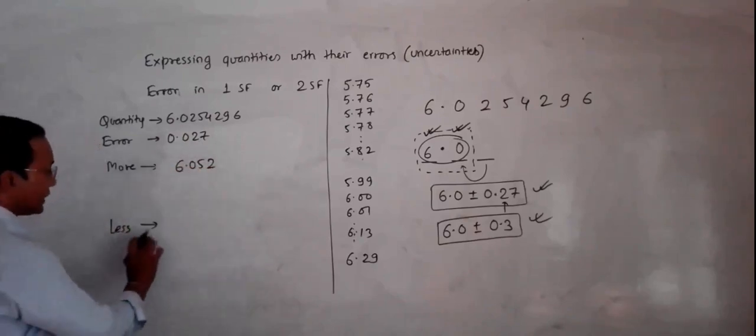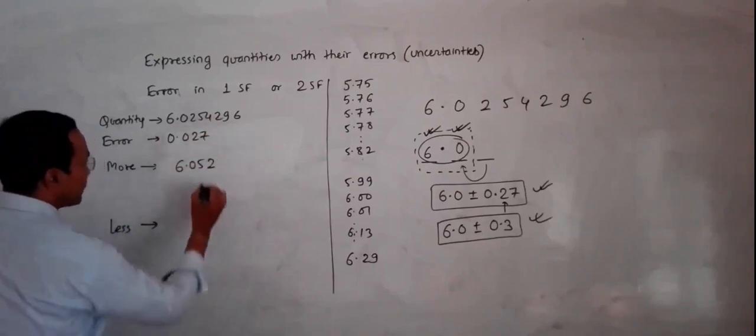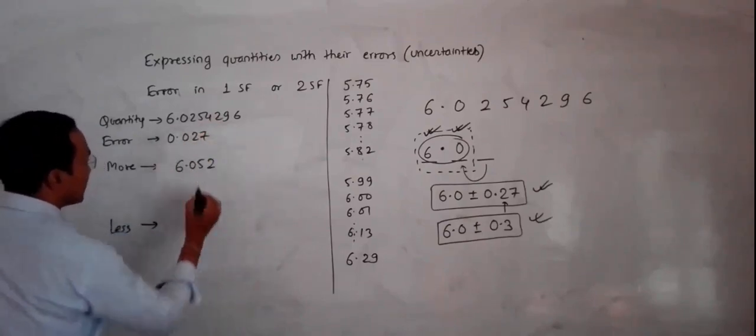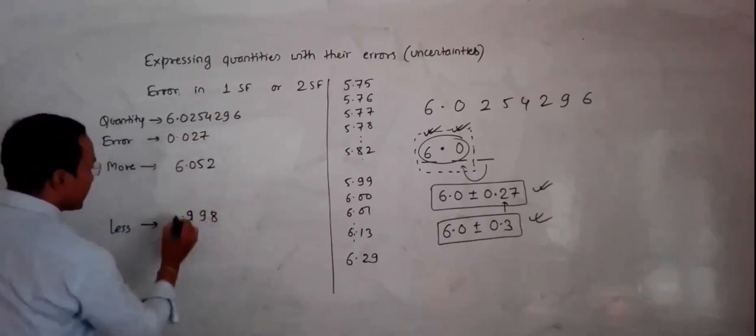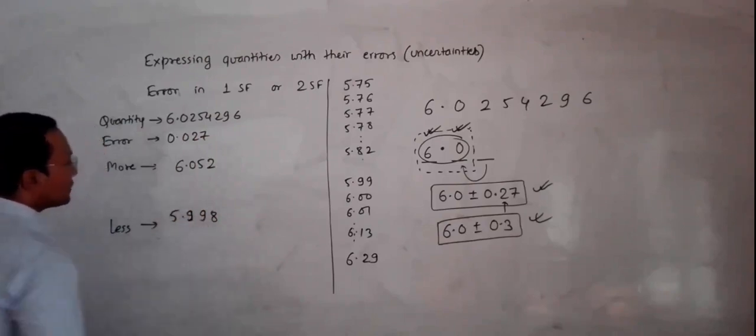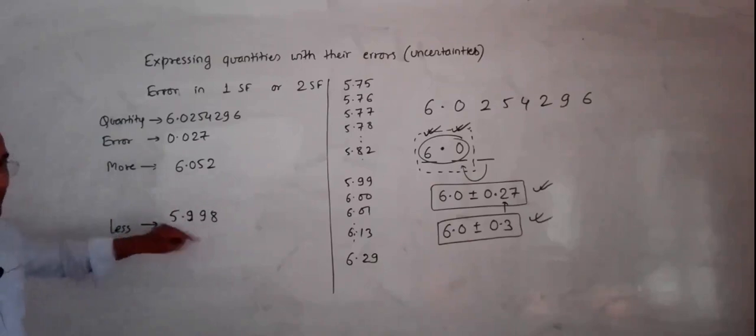If I subtract, it will be 15, 7, it is 8, it goes here, 12, 3, 9, it goes here 1, it is 9, and it goes here, it will be 5. So the quantity will vary between 6.052 and 5.998.